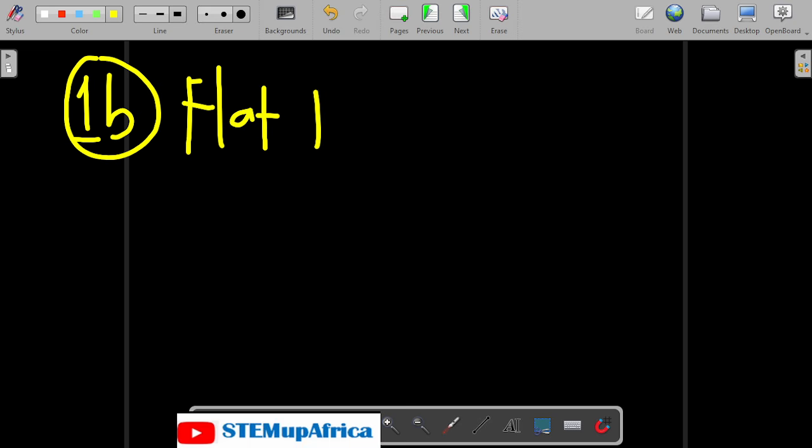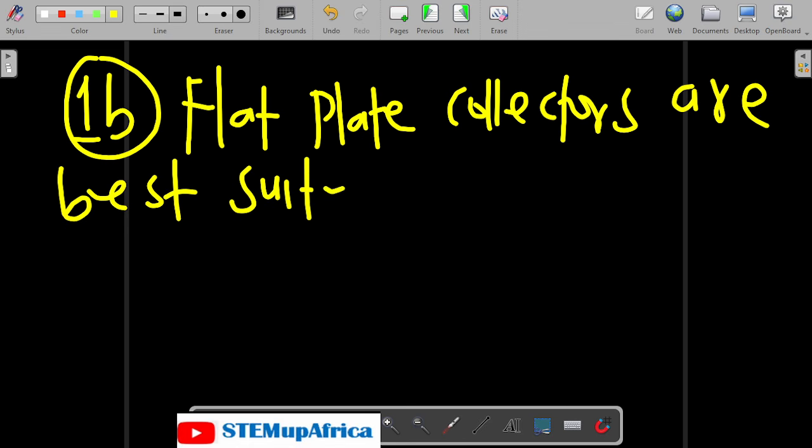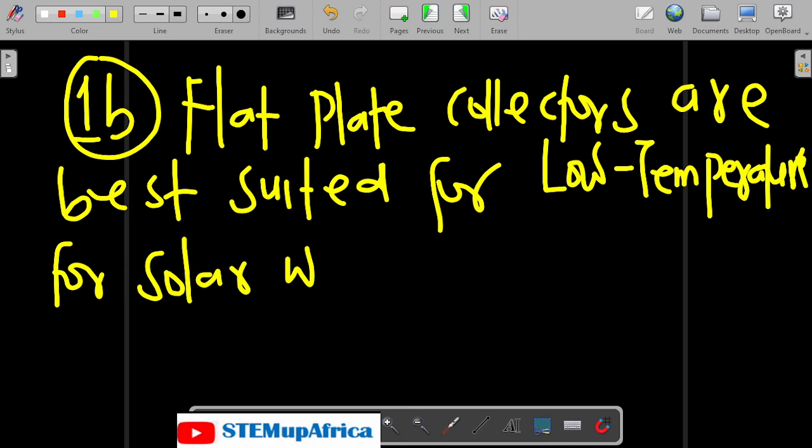Flat plate collectors are best suited for low temperature solar water heating.